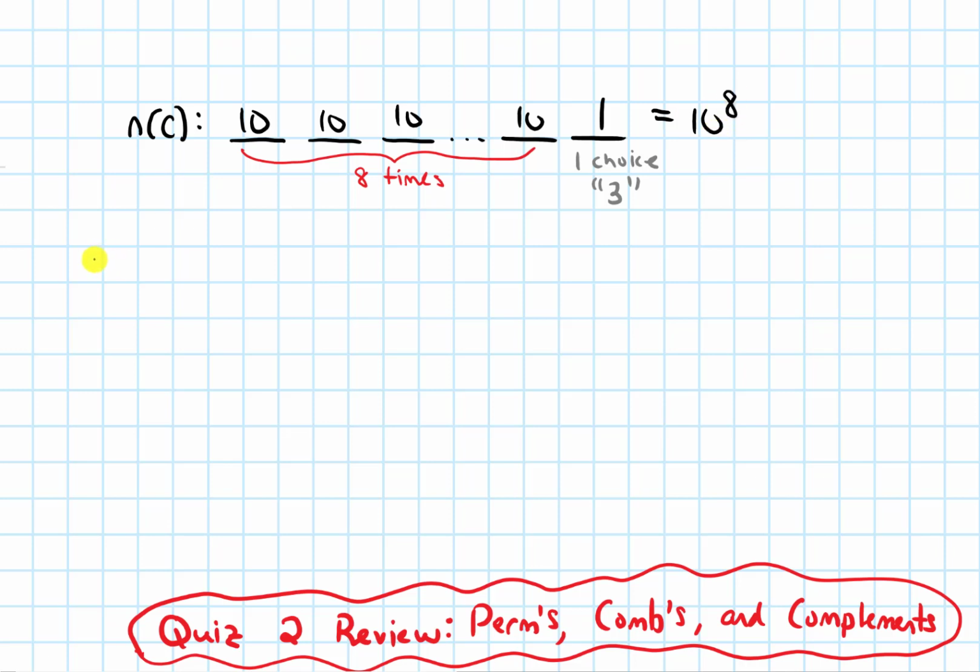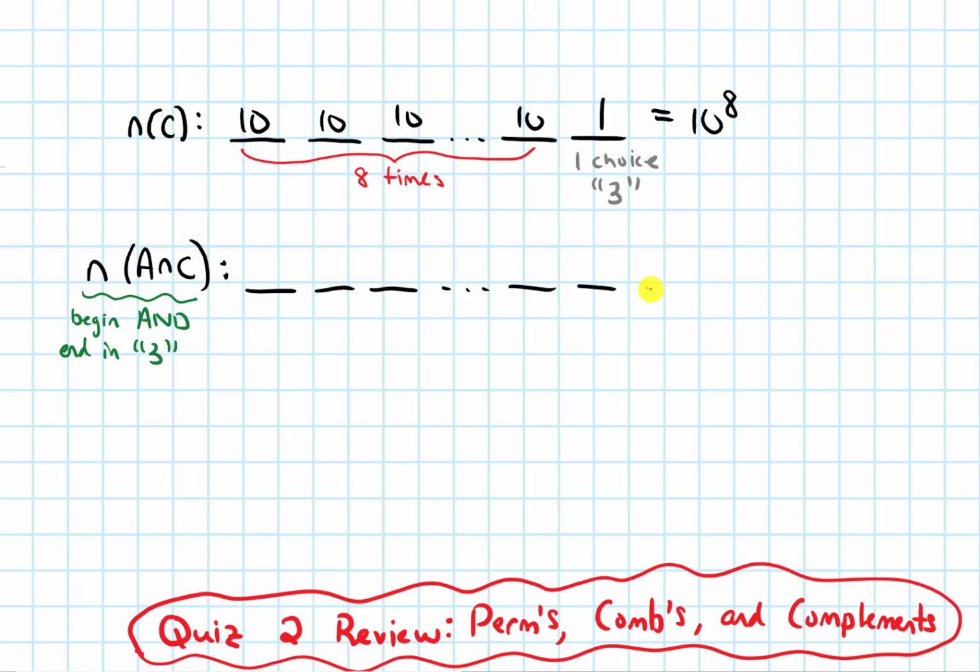All right, now let's do the number of elements in the intersection of A and C. These are going to be Social Security numbers that begin and end in a 3. So let's put out some slots again: 1, 2, 3, and then the last one. There's one choice for what we start with, it's got to be a 3.